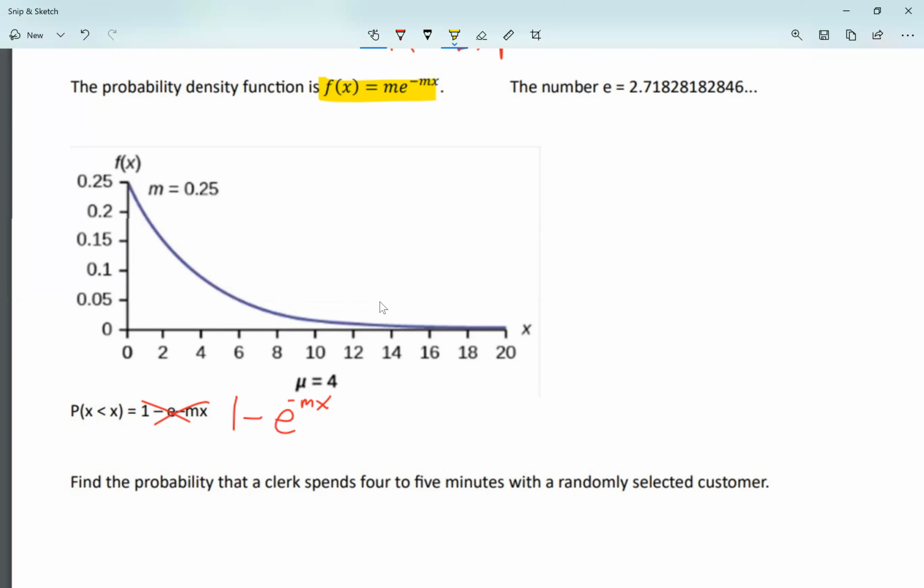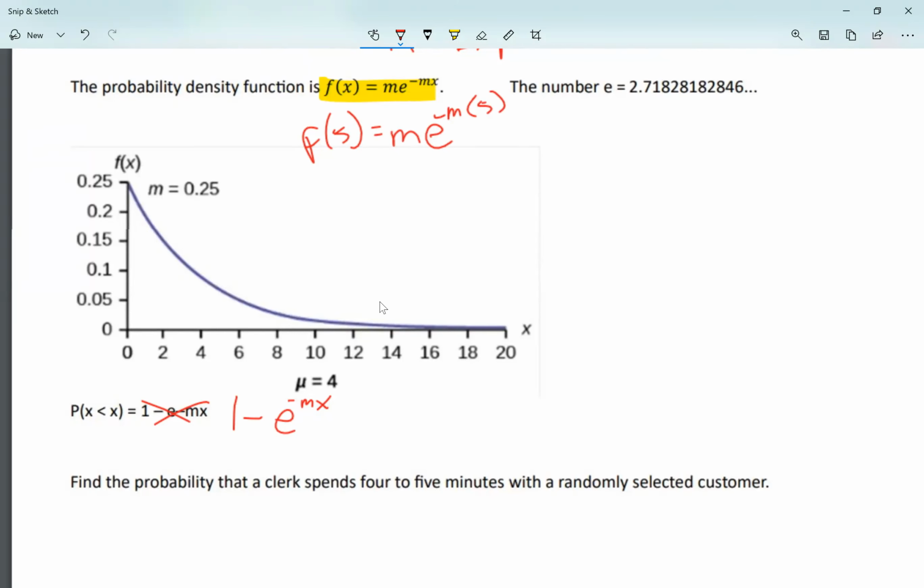Let's say I want to figure out the probability that this clerk will spend 5 minutes on the next customer. For 5 minutes, I'm going to say f of 5 is going to be m, and remember, our m is, in our case, 0.25 times e to the negative m times 5.